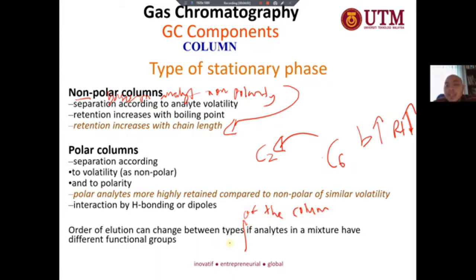It depends on the functional group. For example, if you just have carbon 6 and carbon 2, but suddenly the carbon 2 has an OH, suddenly it becomes polar. So it will change the elution order, for example.